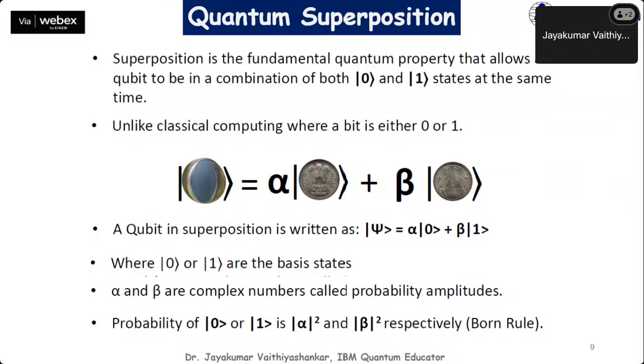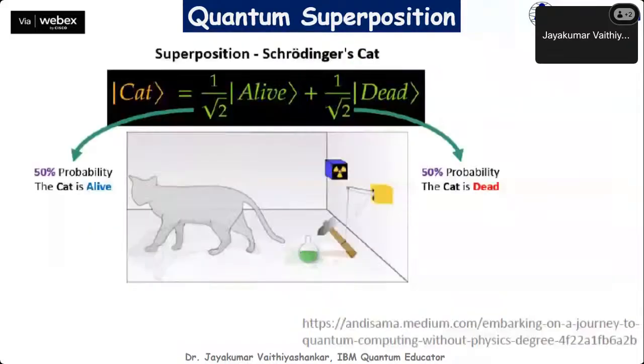You can imagine the cat as a functional thing, right? The superposition is divided into two halves: one is the live state, the other is the dead state. What is the probability of the cat being alive? 1 over root 2. Apply the same logic here: take the modulus of 1 over root 2 and square it. You get 0.5, that is a 50% chance of the cat being in the alive state.